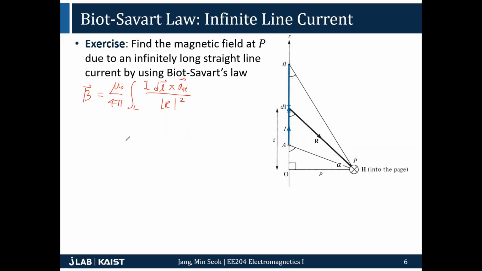As always, what's important is figuring out what dl is, what a_R is, and what R is. These are important, writing these as functions of coordinate variables. So first of all, what's dl? Can anyone guess? Based on what we did in our electrostatics, what would be dl in this case?